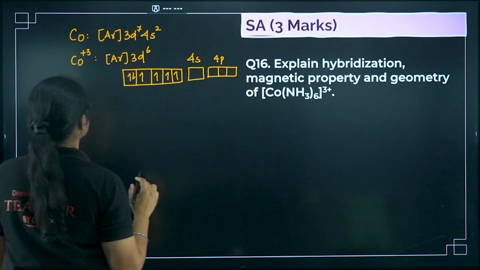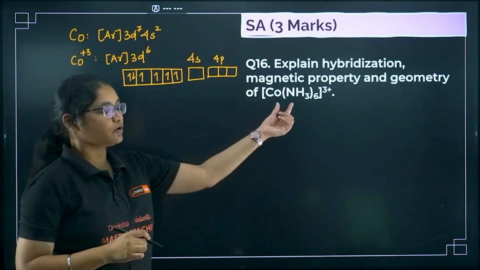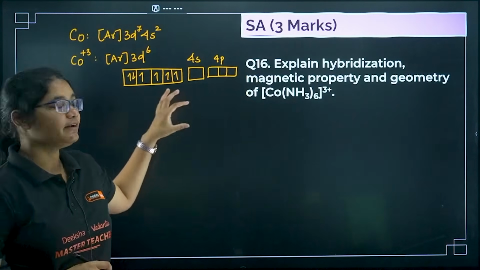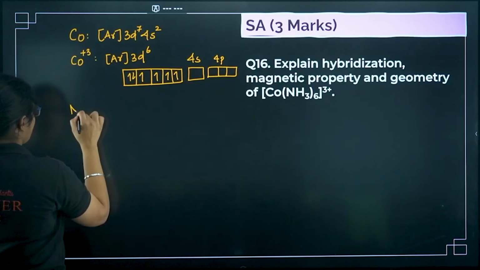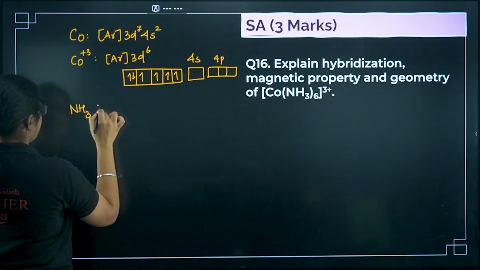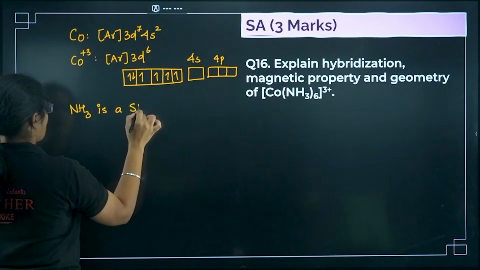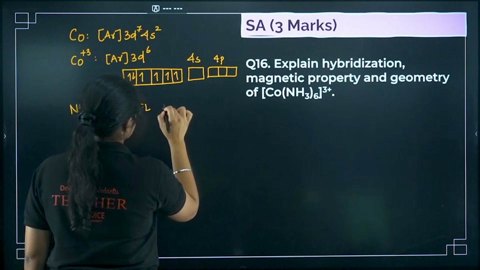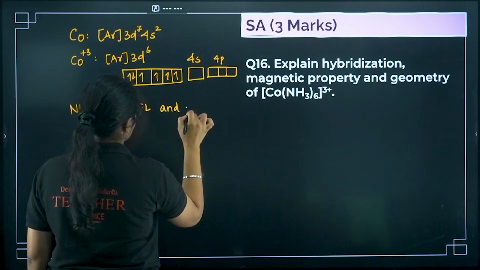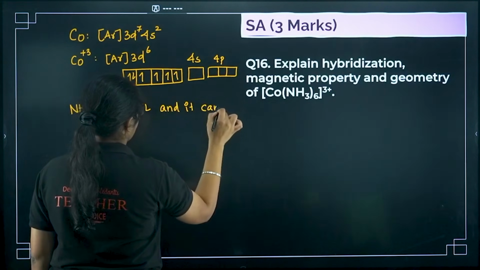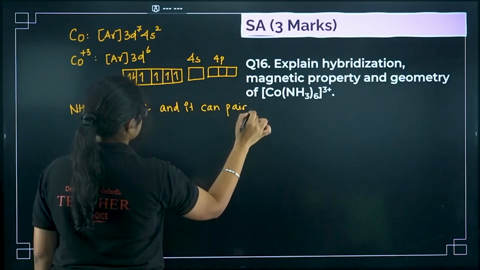Now we know that NH3 is a strong field ligand, right? So it will do pairing of electrons. NH3 is a strong field ligand and it can pair electrons.